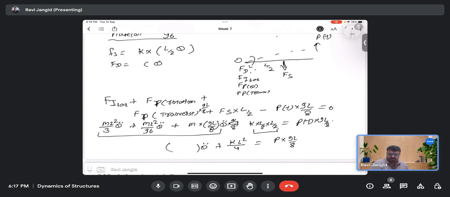Yeah, I am getting it in the form of 103 by 64 ml square. So this is your final equation. This kind of problem you have in your assignment also, so this way you can solve this.